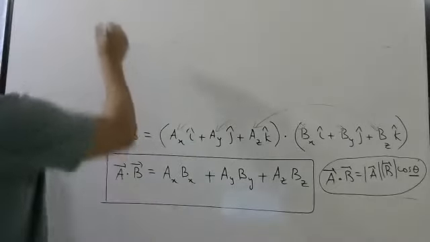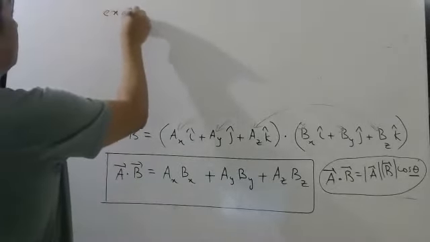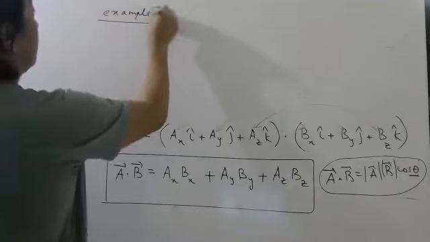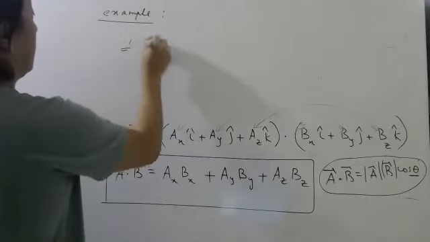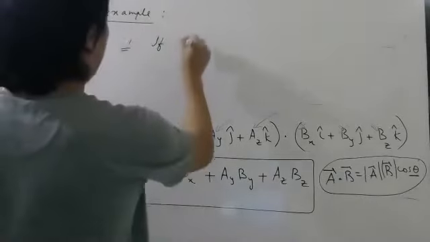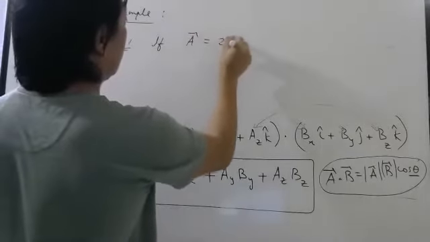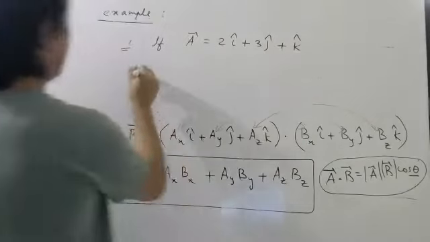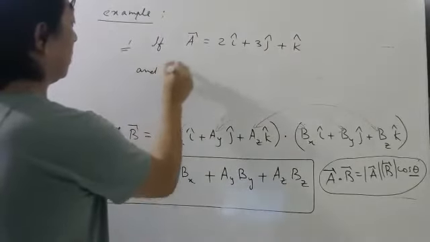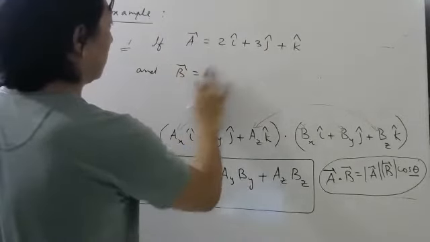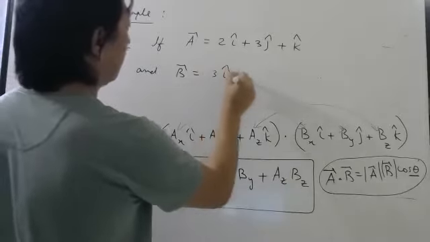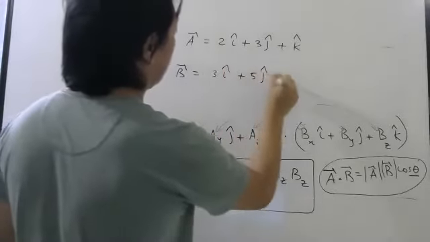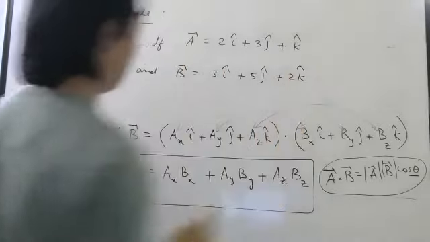Okay, let us do one example. If A bar equals 2i cap plus 3j cap plus k cap and B bar equals, let's say, 3i cap plus 5j cap plus 2k cap.